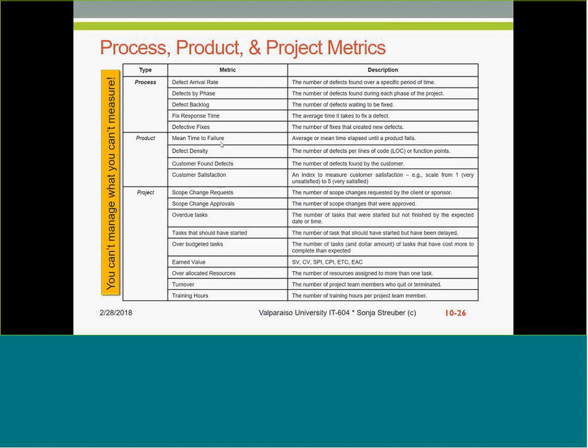For projects, we'll be looking at the number of scope change requests, because if our scope has not been defined very well at the outset, we'll have a ton of scope change requests, and that can delay our project end date, and it can impact our project cost as well, right? So then overdue tasks, tasks that should have started, all those things.